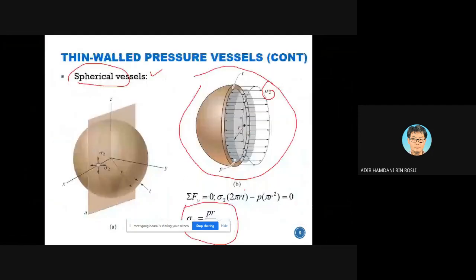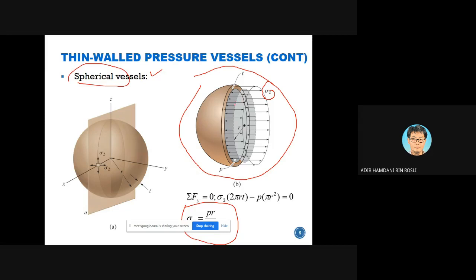So before we go to the example, actually there is another type of stress here. We call it the third type. People call it sigma 3. This type of stress is radial.